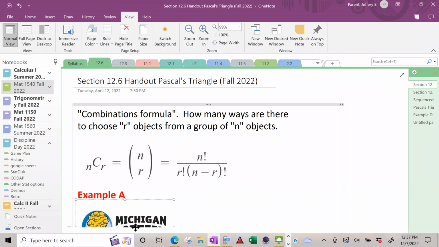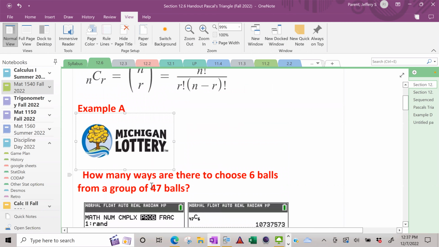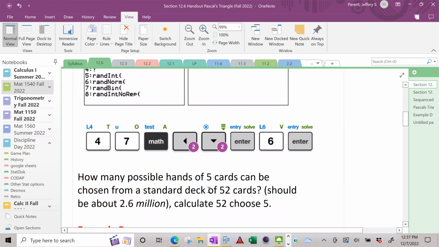And we're going to calculate that. And let's do kind of a fun one here. Let's do it with the Michigan Lottery. So the question is, how many ways are there to choose the 6 balls from a group of 47 balls in the Michigan Lottery? Now you should take out your TI-84 graphing calculator. Your 83 will do this as well.